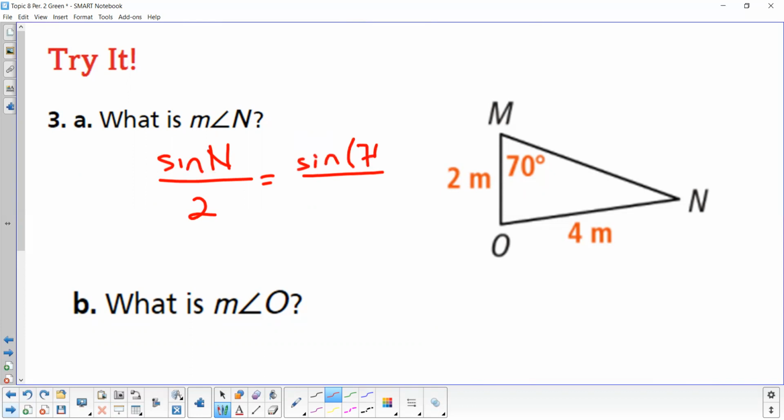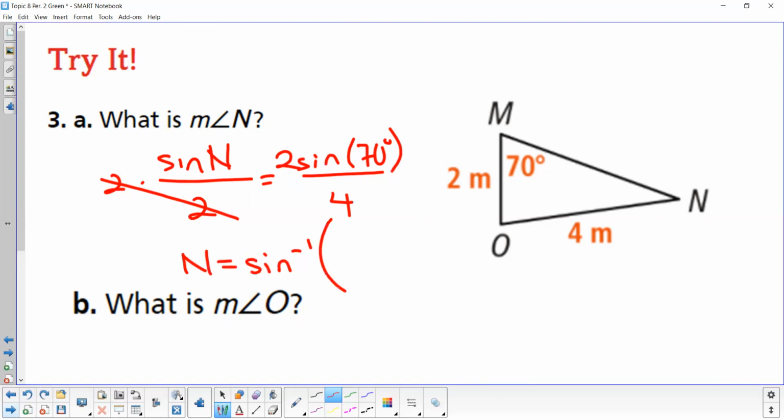Sine of 70 over 4. 2 steps here. First, I need to get this 2 out of here by just multiplying by 2. And then how do I go from sine of n to just n? Divide by sine. It's not what we did before. The reciprocal. Oh, yeah. Inverse sine, right? There you go. So n equals the inverse sine of this monster.